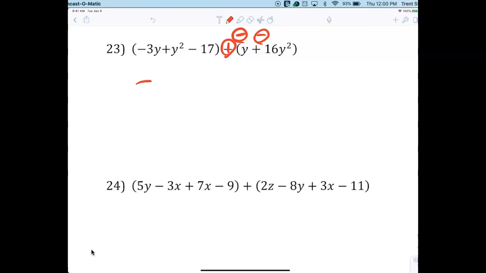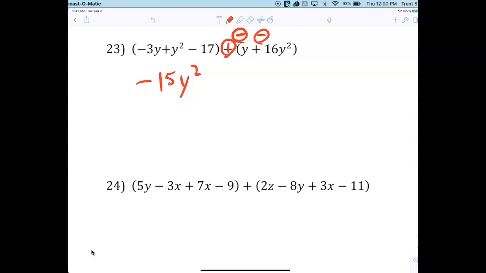What is 1 minus 16? 15. Negative 15y squared.